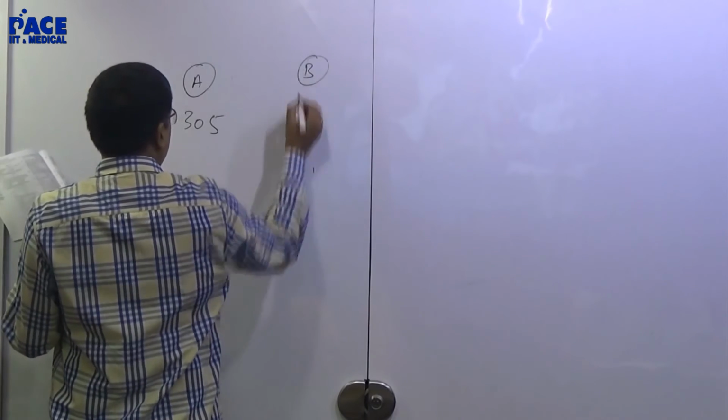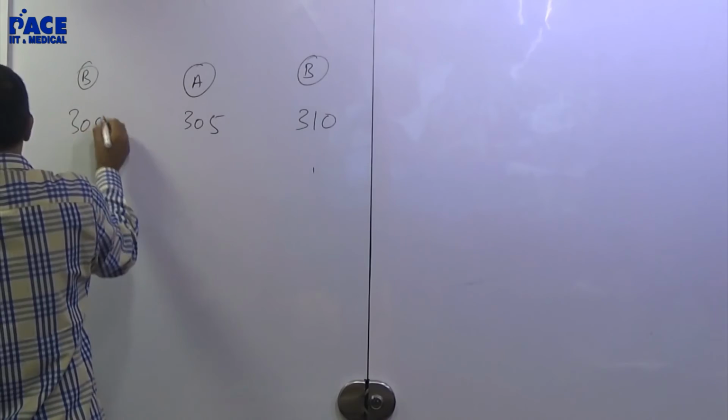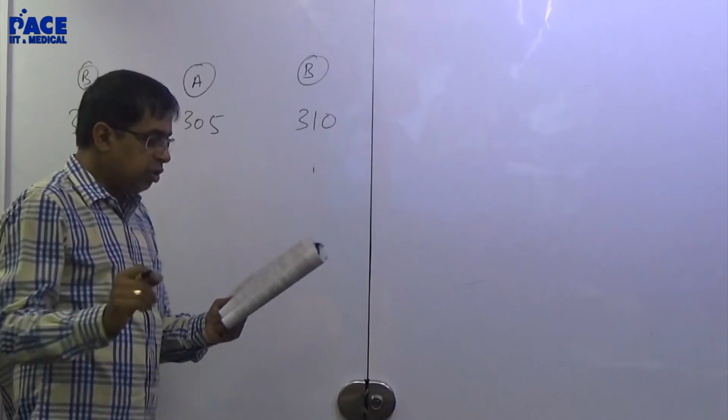That means B could be either 310 or 300. Any one option open. Full stop.